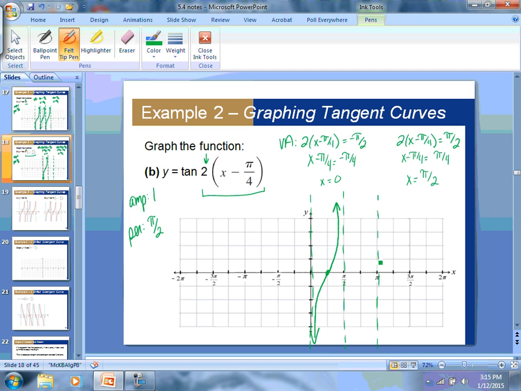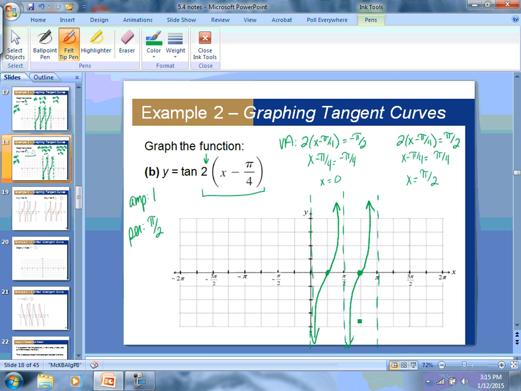So my next consecutive vertical asymptote would be another pi over 2 away. So pi over 2 plus pi over 2 is pi. And then you put your halfway point there, which would be at 3 pi over 4. And then draw in your curve. Okay, so there's 2 periods.